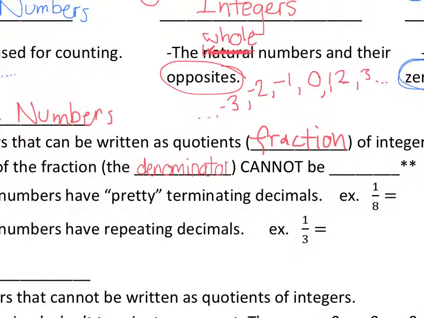The bottom of a fraction can never, ever be 0. If you try to put that in your calculator, just do like 1 divided by 0, it comes up with an error. Okay, you can do that over and over, and it'll never work. I always say that if you do it too many times, your calculator's going to blow up, your paper's going to catch on fire, the whole school's going to burn down. You cannot divide by 0.